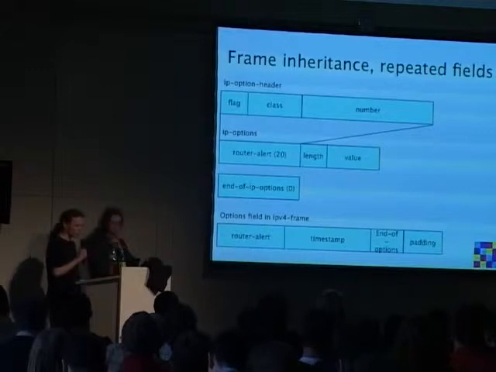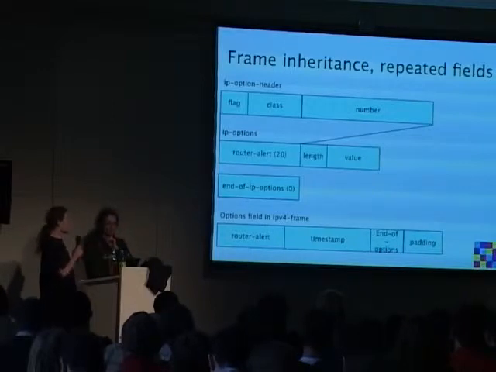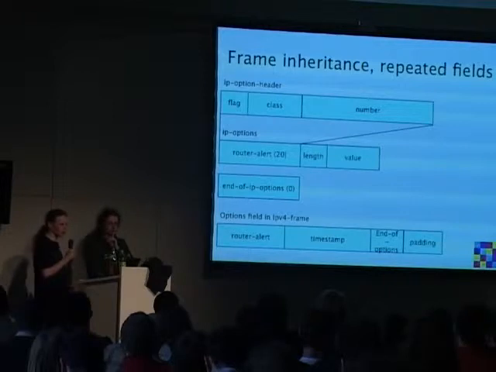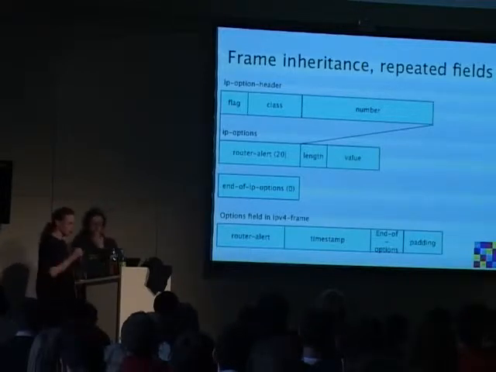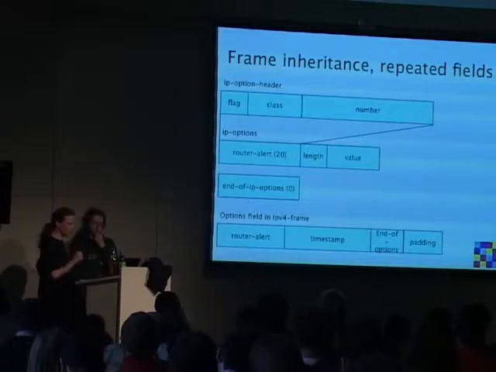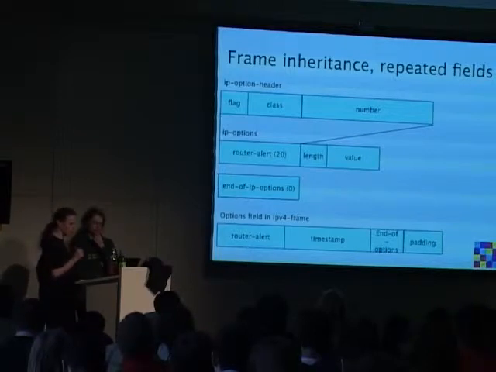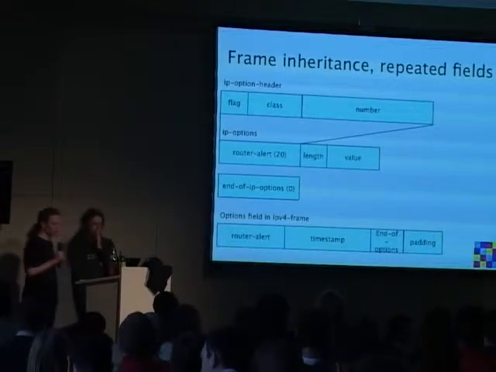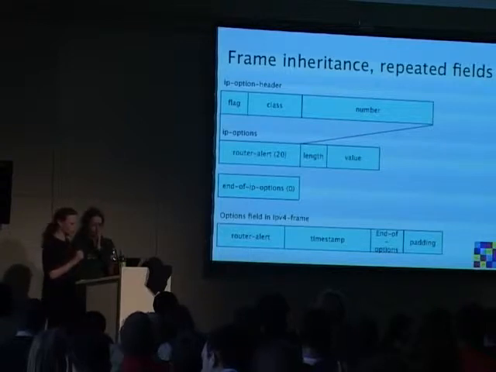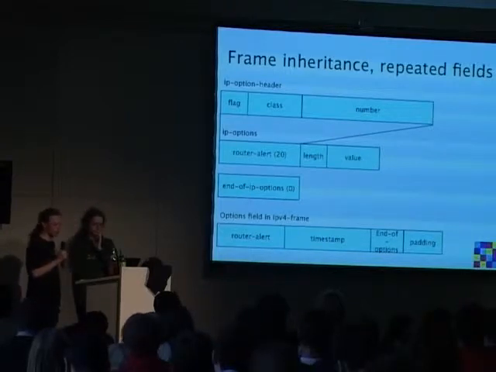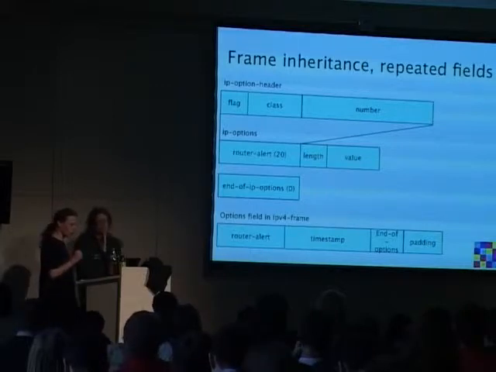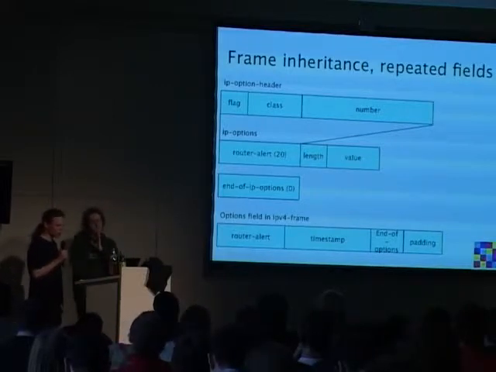We have IP options like router alert, which is type 20. So the IP option header must be 20 to be a router alert frame, and then next is a length field and a value. The other one is end of IP options. It's 0, so the IP option header is all zeros, and there are no other fields in an end of IP options frame.